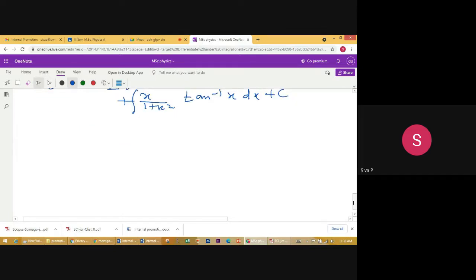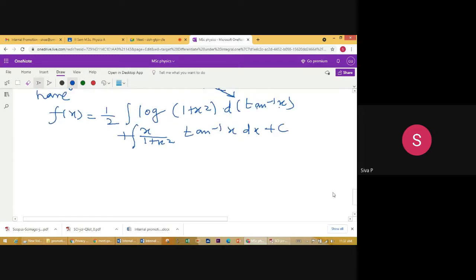So if you are integrating this, you will get 1 by 2 tan inverse of x log 1 plus x square. It is like integral of u dv, where this is taken as u and tan inverse of x is taken as v.